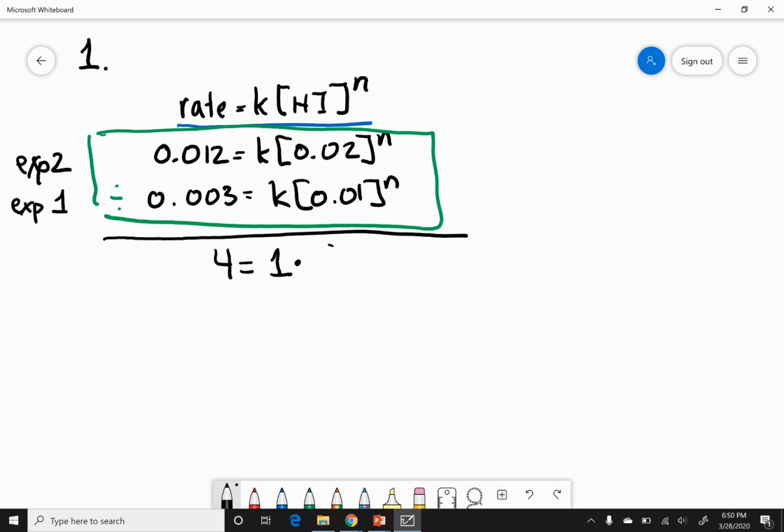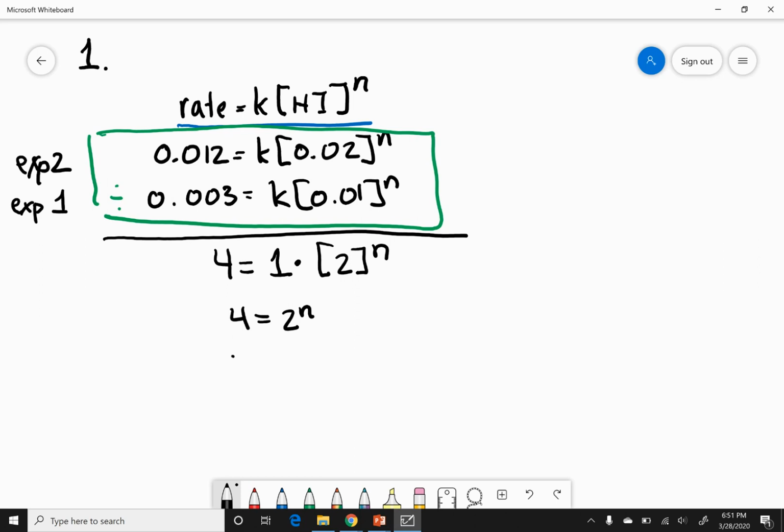Well, that's going to be 2 to the nth power. So note when I divide it, I'm just dividing section by section, rate by rate, k by k, and then the concentration by concentration. So this simplifies down to 4 equals 2 to the nth power.